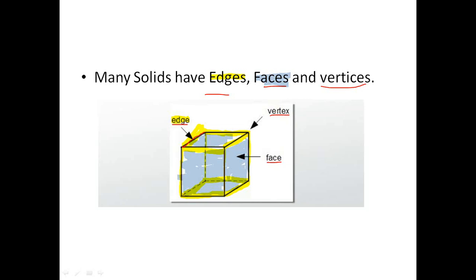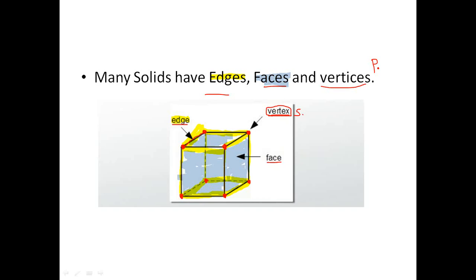Now let's go for the vertices. We agreed that vertices is plural and vertex is singular. So again, vertex is the singular form and vertices is the plural form. Let's go now for the vertex. Where is the vertex? It's the meeting point here of the edges. One vertex, two vertices, three, four, five, 6, 7, and 8 vertices.